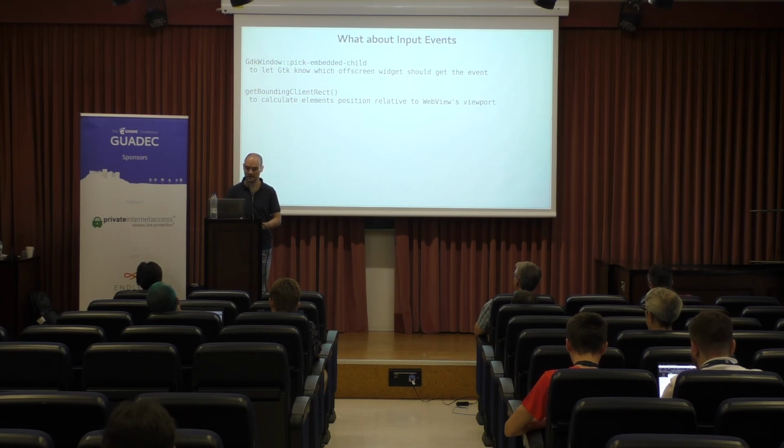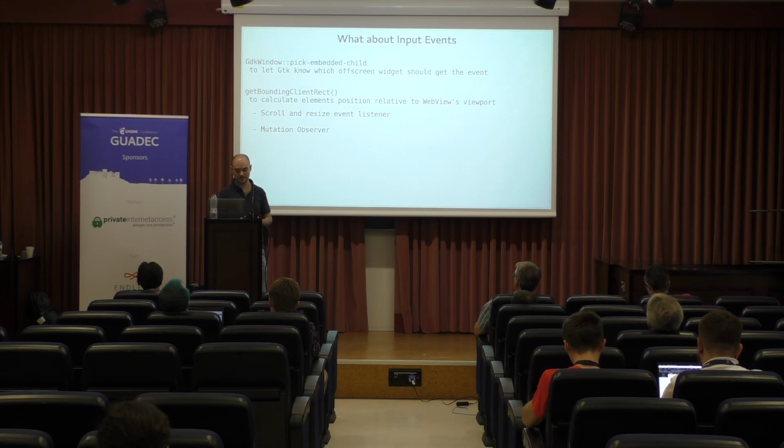But the thing is, you have to call that function every time there's a scroll or a resize event, or even every time there's something in the DOM tree that changes. For example, if you add an element that has more text or things like that, then you have to recalculate.